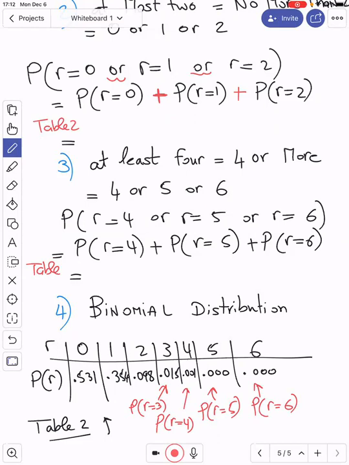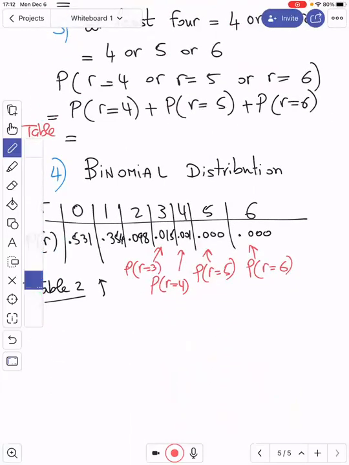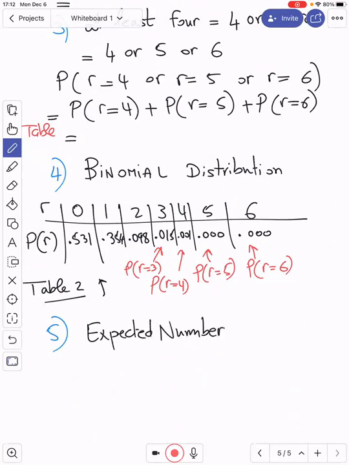All right, so we have like 3 minutes. What's the expected number of ties too tight? When you see the word expected number, it means the mean. So the expected number, that's the mean, which is mu, right?